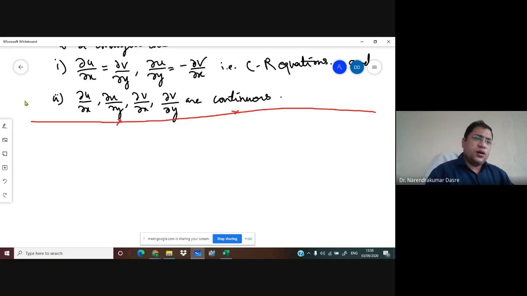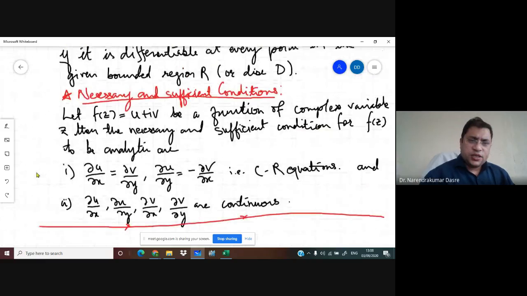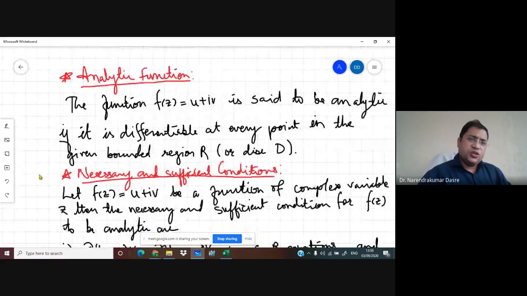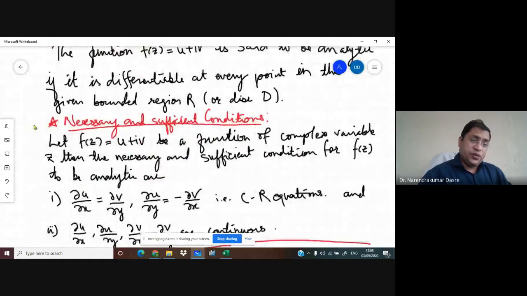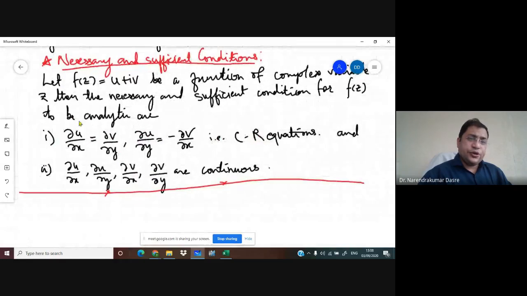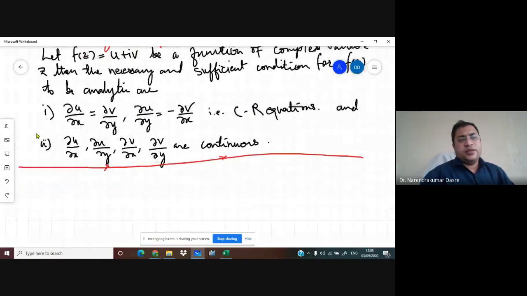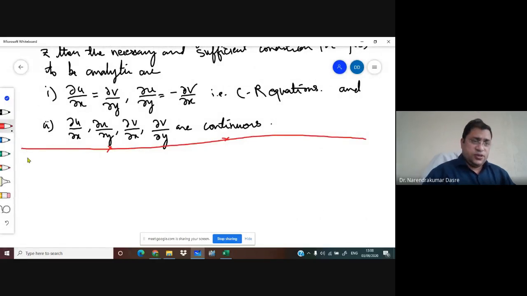Now using these conditions, we are able to test whether the function is going to be analytic without finding its derivative. But can we find the derivative using these conditions? The answer is yes.